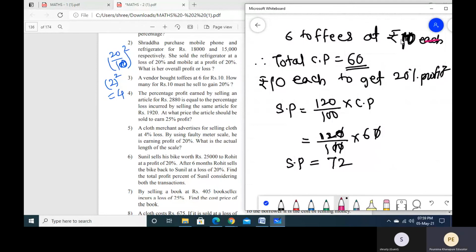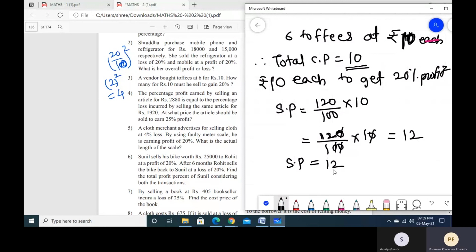In 10 rupees he bought 6 toffees. So the total CP is only 10, not 6. Now we have to take this CP as 10, not 60. So that's 10 and 10. So it gives 12. So the SP would be 12.